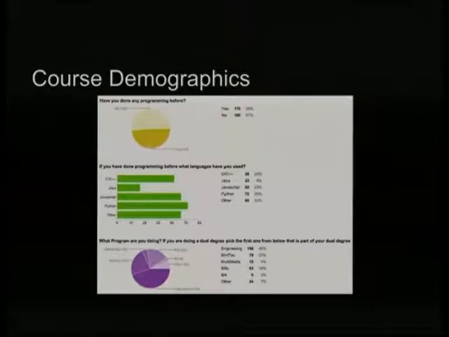As for the degree programs, about half of the class is engineering students, usually software or electrical engineering, maybe a quarter or so are information technology students, and recently we've seen an increase in the number of science students, so not only computer science but other science disciplines taking this programming course.